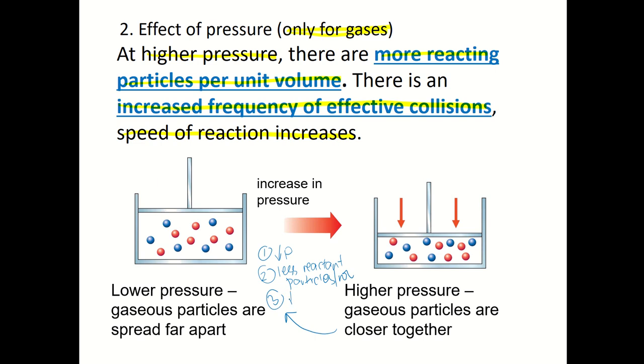Third, you have decreased frequency of effective collision, and fourth, hence you will have decreased speed of reaction. So you realize it's again the 1, 2, 3, 4, 4 steps to explain how this factor of pressure can affect the speed of reaction.